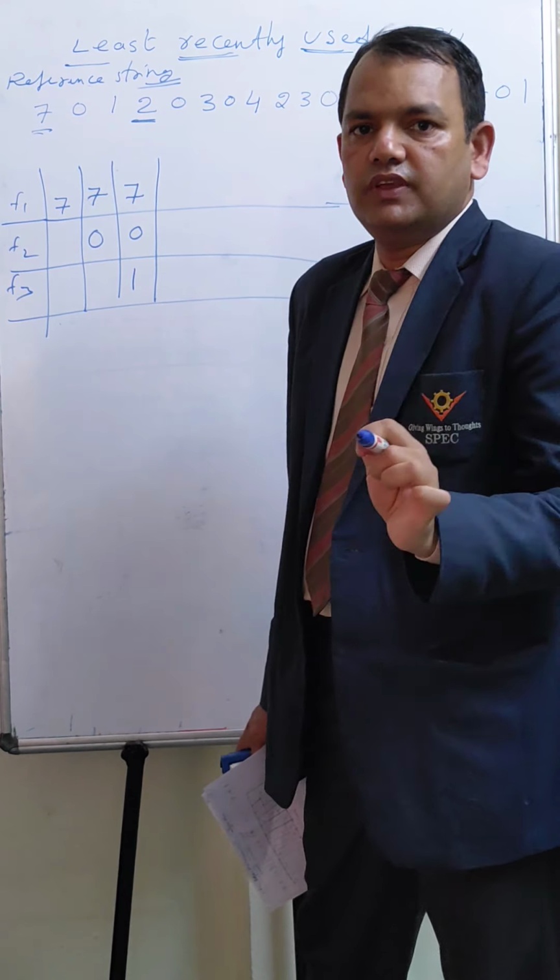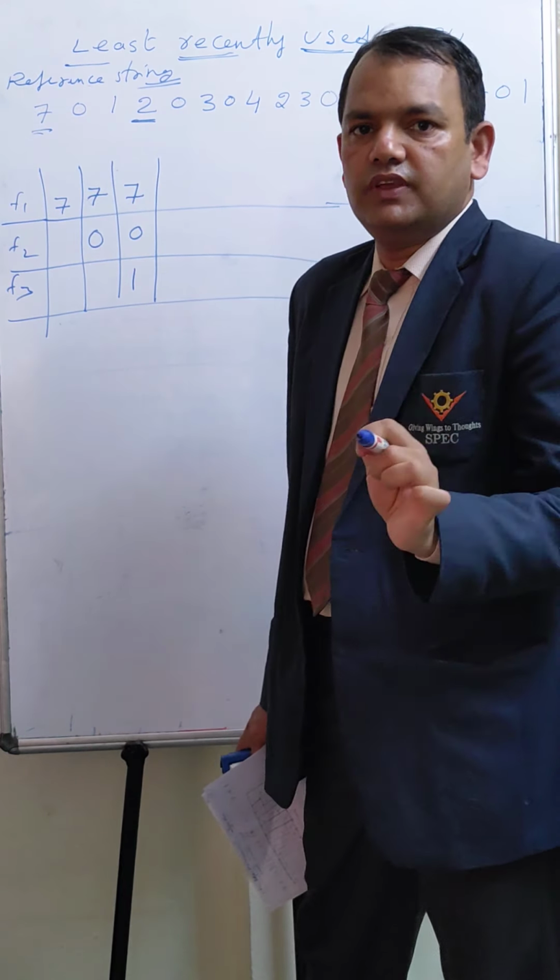The criterion is which one is least recently used. From this point we have to move towards the left, in the backward direction. Immediately 1 and 0 are used here, whereas 7 is used in the last place.